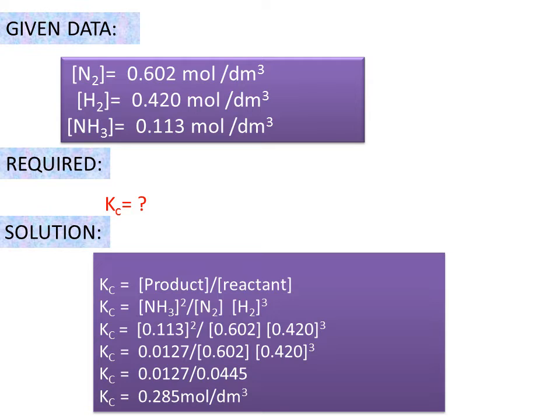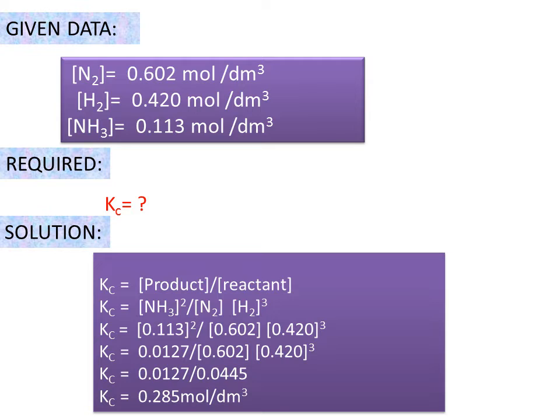Okay, so if we take the square of this, we will get 0.0127, divided by 0.602 multiplied with 0.420 whole cube. The next step is Kc is equal to 0.0127 divided by 0.0445, because we took the cube of this and multiplied it with 0.602, so we got 0.0445.